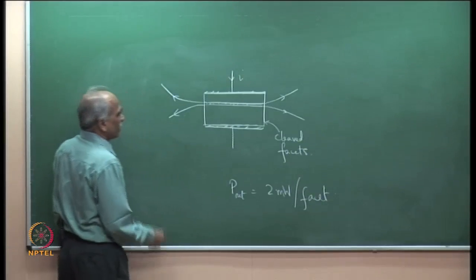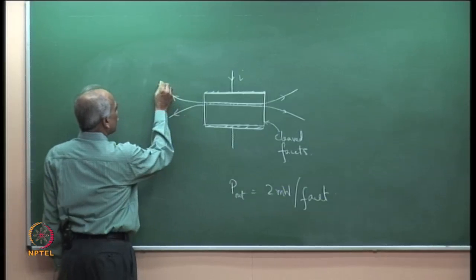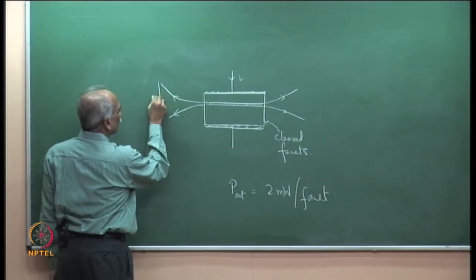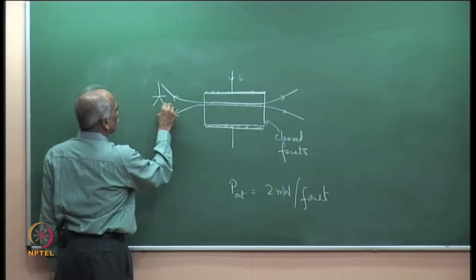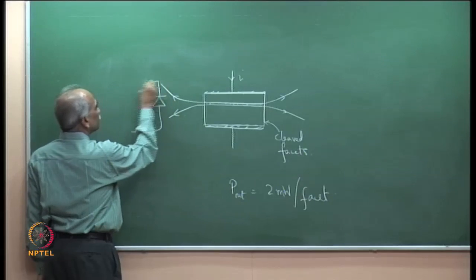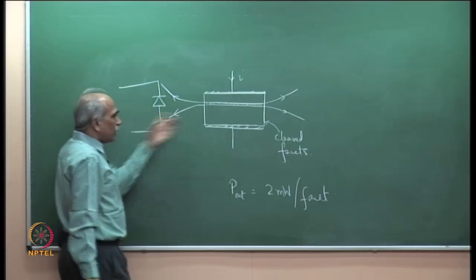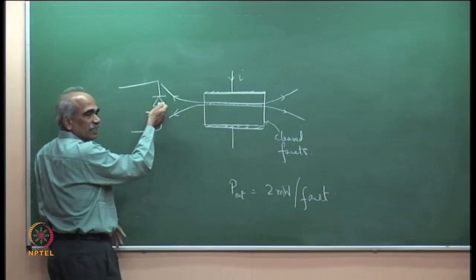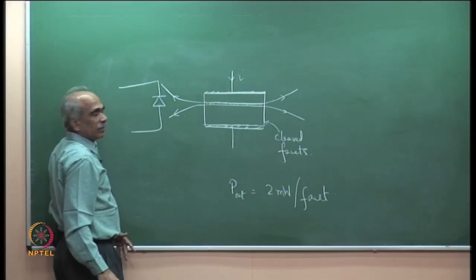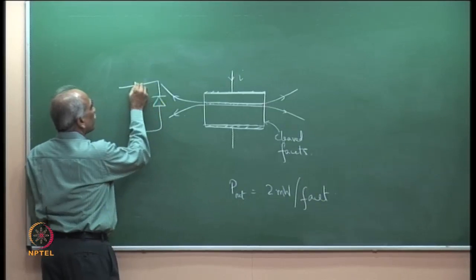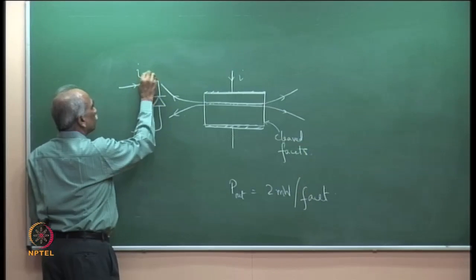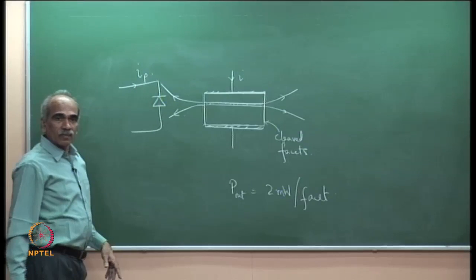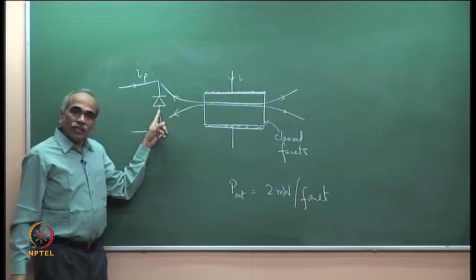And therefore, what has been done is this output is incident on a photodetector. I am showing this photodetector as a diode here, which is actually integrated with the chip, but I am showing it as separate. The output is incident on a photodetector. The photodetector will generate a reverse current IP. What is the advantage?